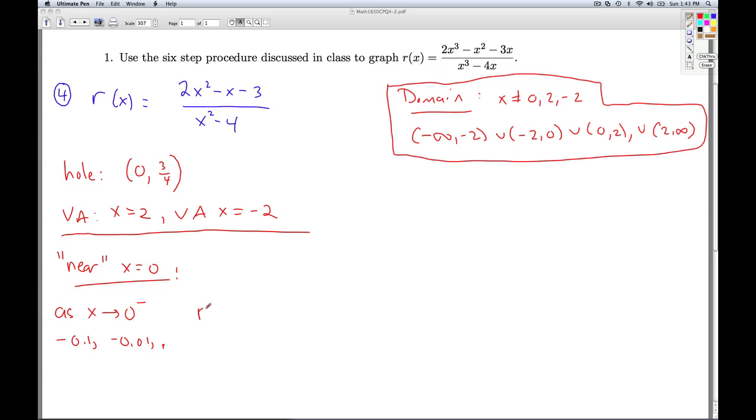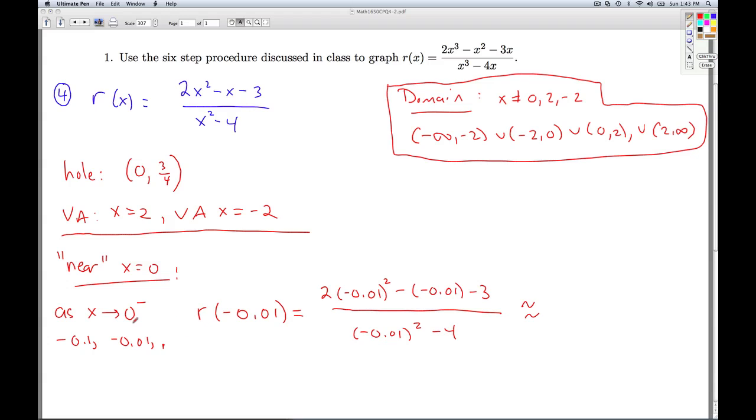Okay? And let's sample the function at, say, negative 0.01. I would substitute in negative 0.01 squared minus negative 0.01 minus 3, divided by negative 0.01 squared minus 4.